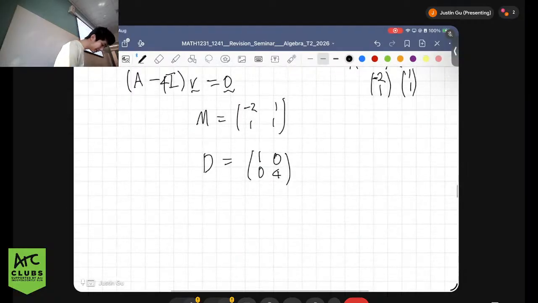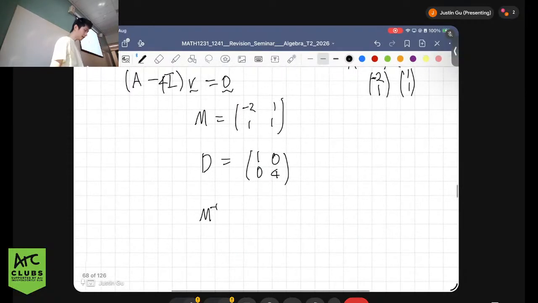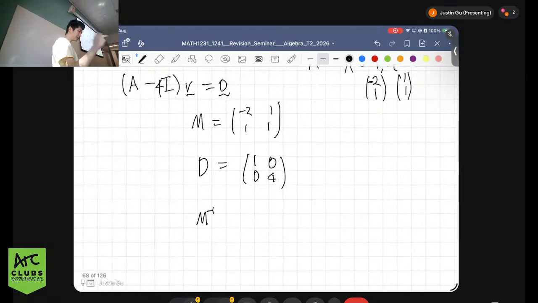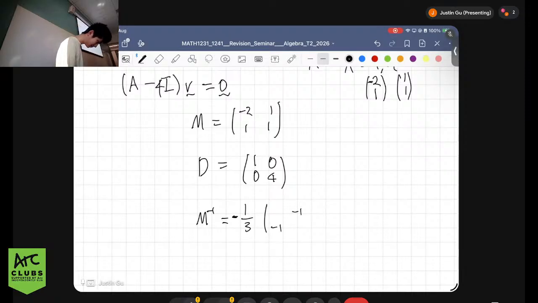Oh, by the way, M inverse: for 2 by 2 matrices, to calculate the inverse, you go 1 divided by its determinant. So negative 2 times 1 is negative 2, minus 1 is 3, so its determinant will be negative 3. Then you take the negative of this diagonal and swap these two.